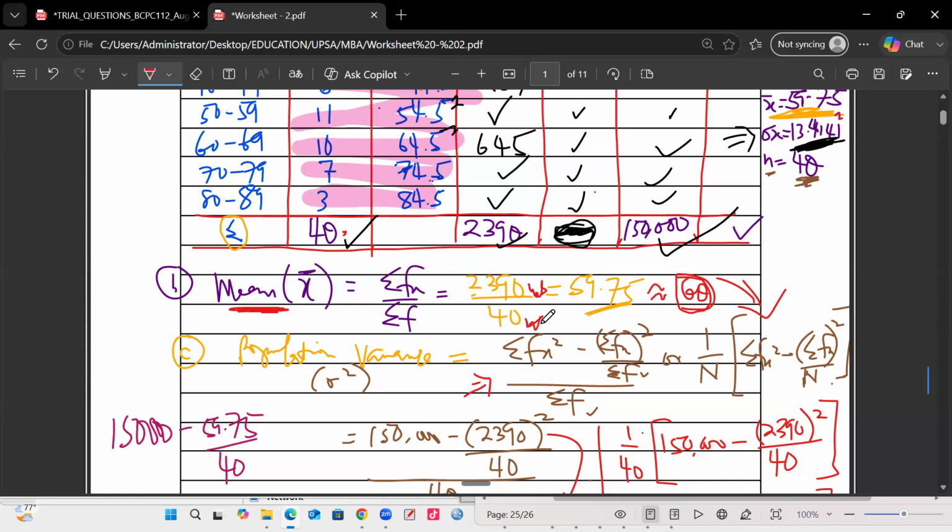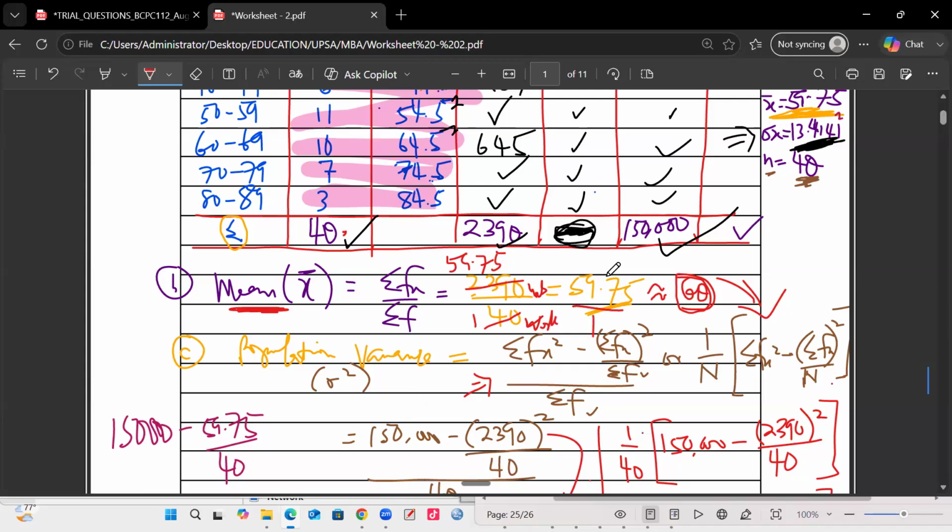So if I have 59.75, it means it's 59.75 over 1. Why? Because 40 will cancel itself, and 2390 is 59.75 times 40. So when I multiply 40 by 59.75, it should give me 2390. Do we get it? Yes. So this 59.75 is over 1.